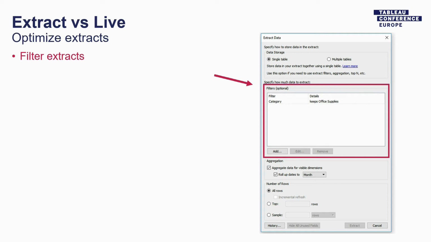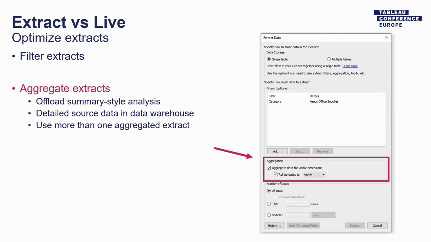Let's take this example here. I filtered down my extract to contain only data that belongs to the category of office supplies. Often it also makes sense to filter down to a specific date range, such as the last 3 months, 12 months, 5 years, 10 years, whatever kind of use case you're looking at.